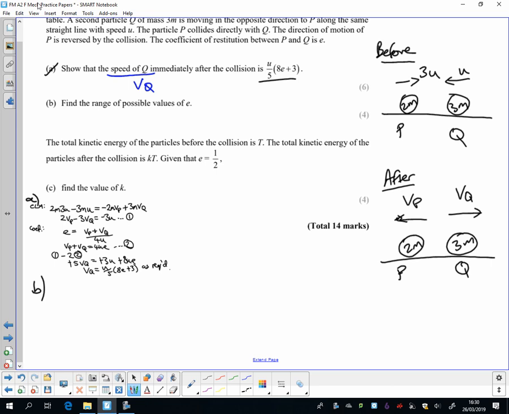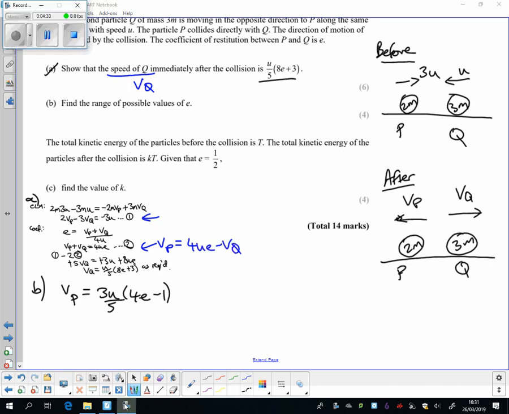We know from the question which direction P is moving in, and we can work out that the velocity of P is going to be 3u over 5 times 4e take away 1. That's if you use your original simultaneous equations, and you can use either one of those. For example, this one tells us the velocity of P is 4ue minus the velocity of Q.